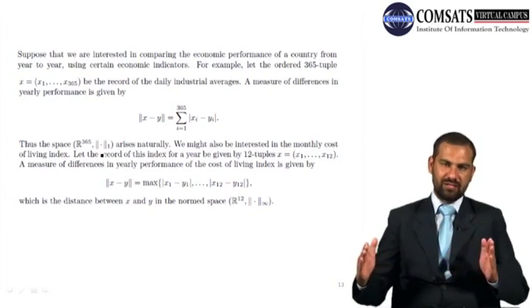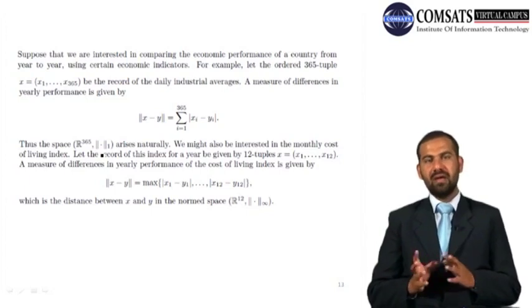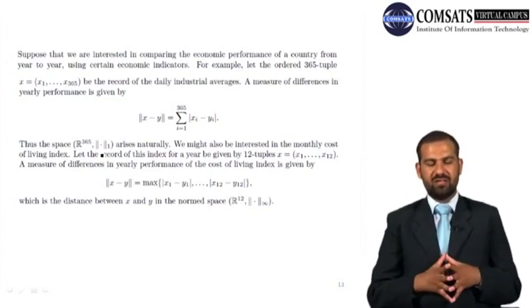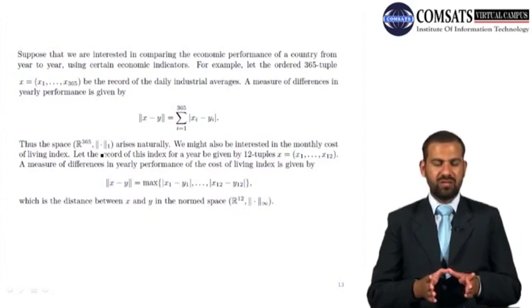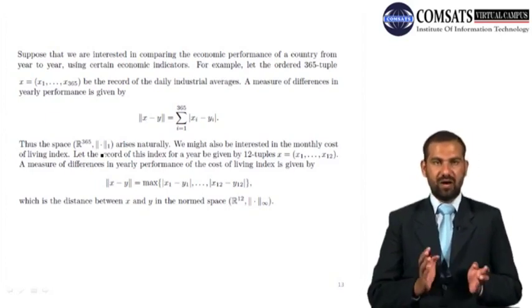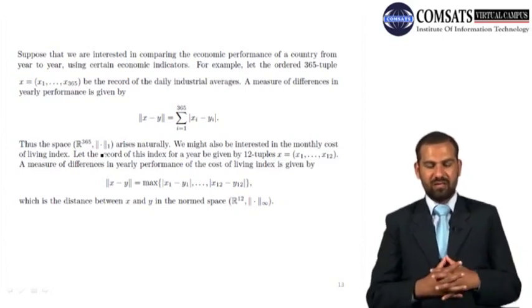If we take the summation, we obtain the measure of differences in yearly performances. Of course it is the norm 1 on R365, meaning the dimension of R here is 365, and it arises naturally. We can analyze economic problems in this way.